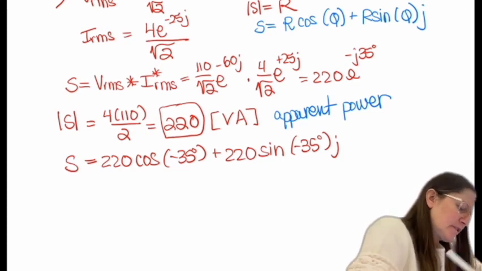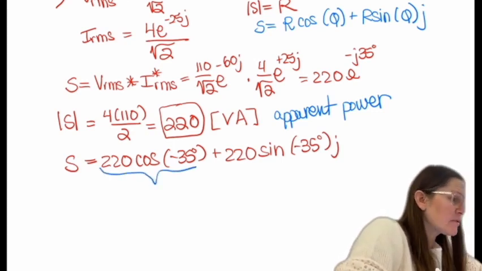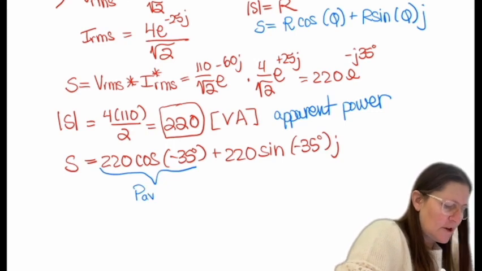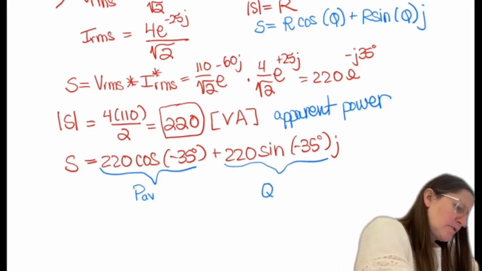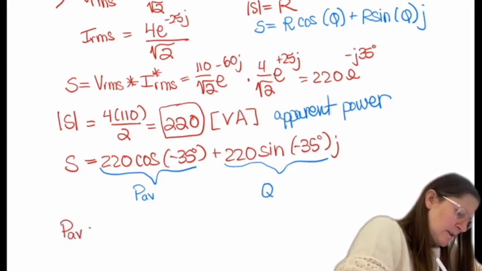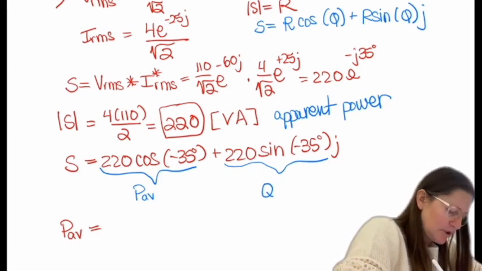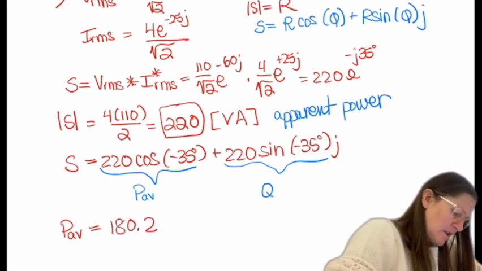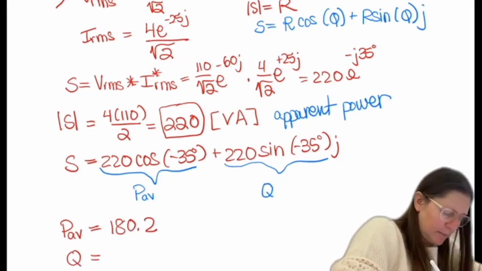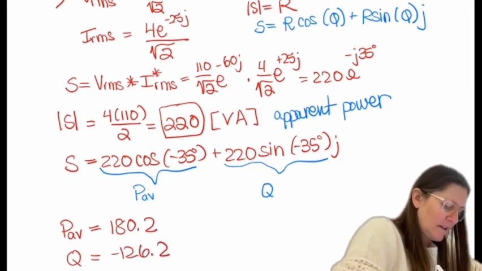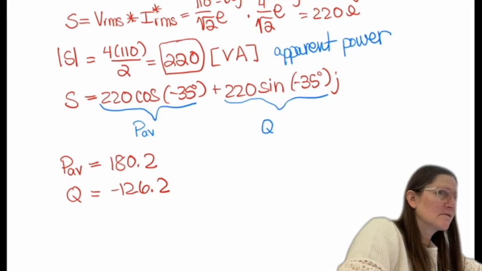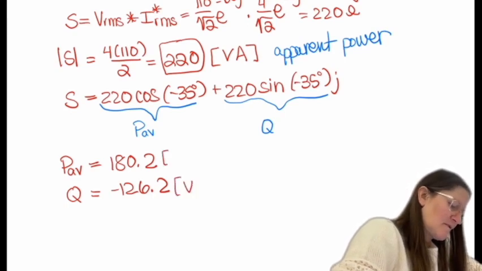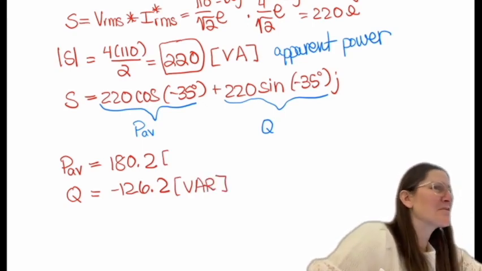And then we call this portion the real, P average, and this portion will be the Q, which is the imaginary. So P average ends up being 180.2, and Q is minus 126.2. So units? VAR, volt ampere reactive.